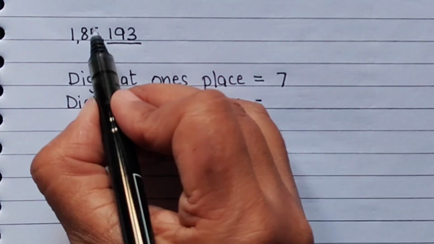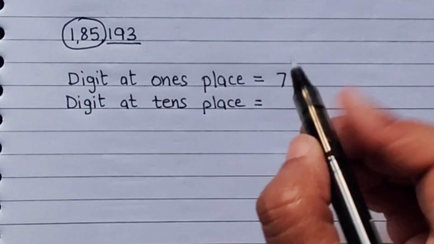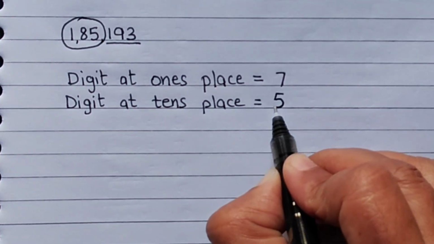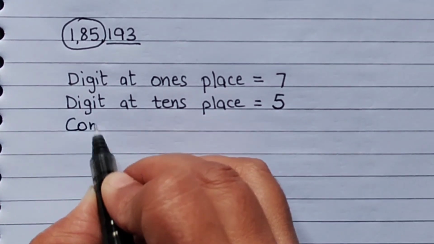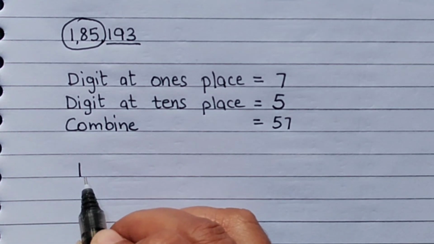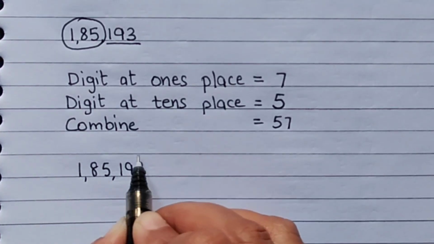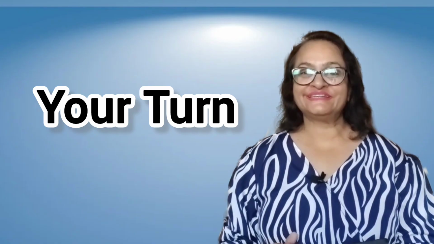Nearest cube: 5 cube is 125 and 6 cube is 216, which is more than 185. So we will take 5 cube. That means the digit at tens place is 5. Now combine both the digits. So cube root of 1,85,193 is 57.